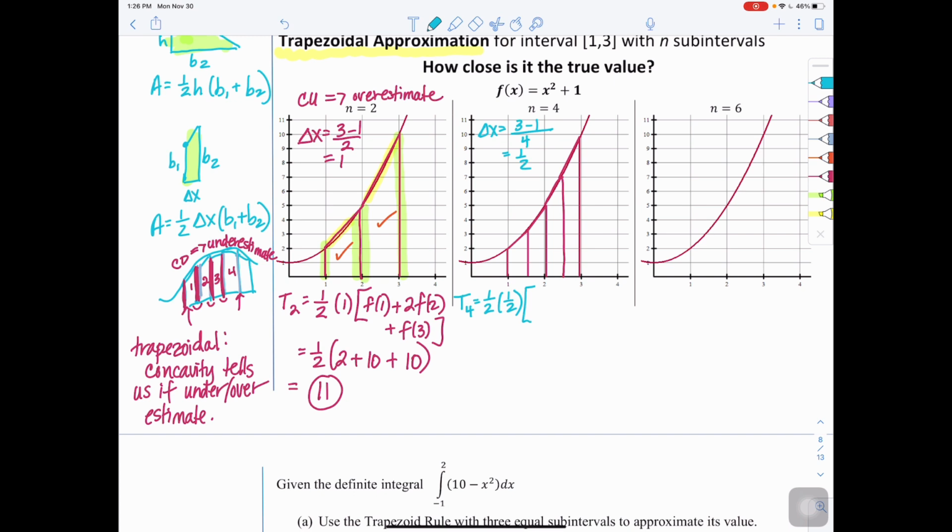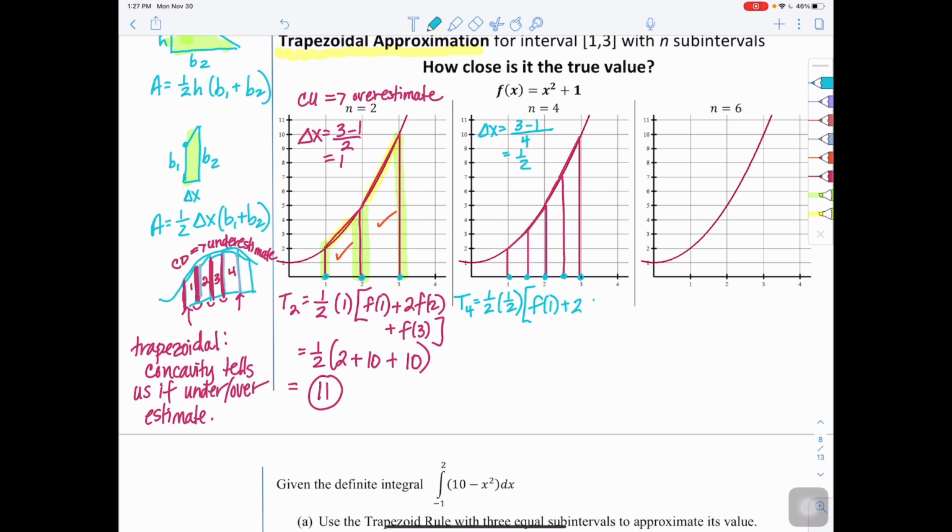Okay, now let's do this together. This is f of 1 plus 2. Don't forget, we have to put all of these x values, okay? And I should have put these 3 x values there.